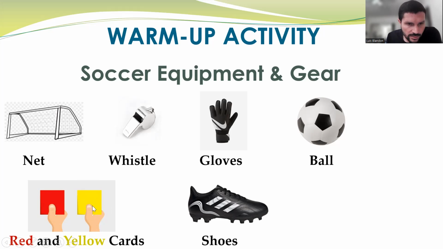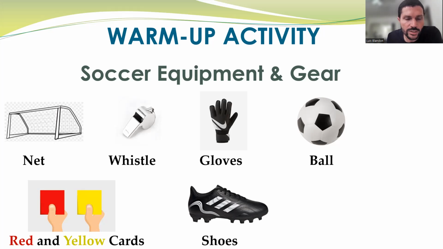Yellow card, yellow card. And then we have the shoes. Shoes. And it looks like that, what you're seeing on the screen. Shoes. So this is the equipment or the gear we use to play the game of soccer.